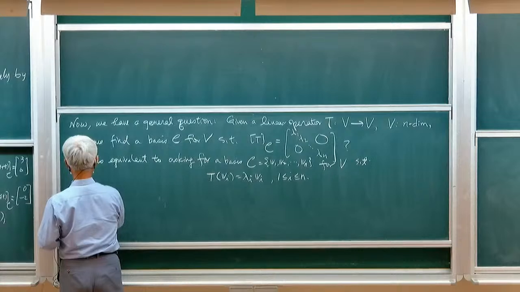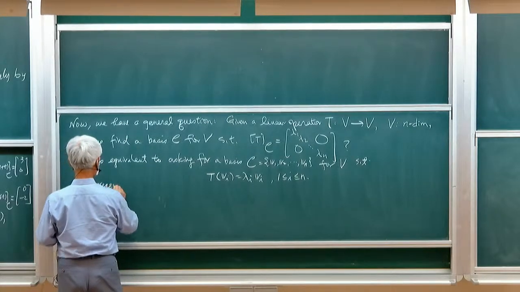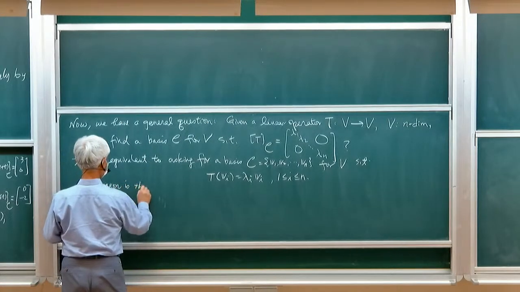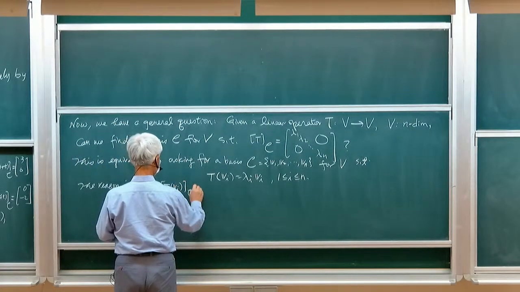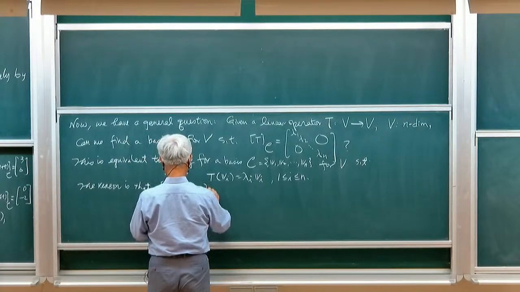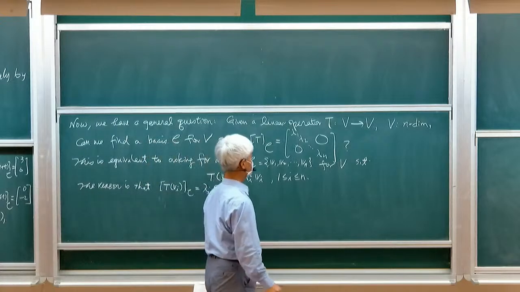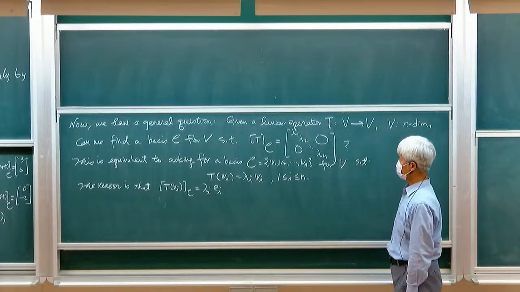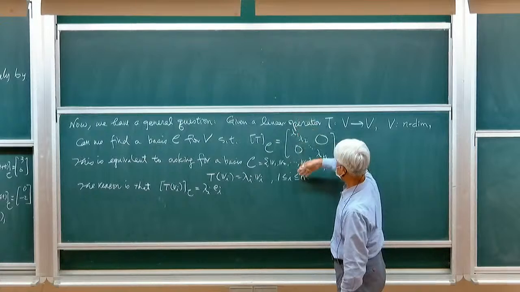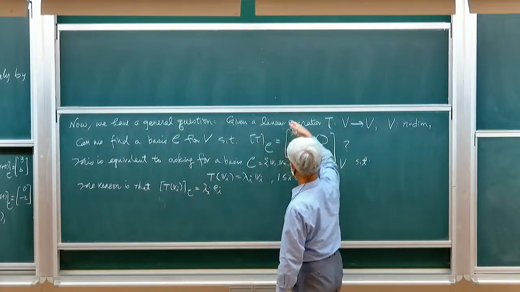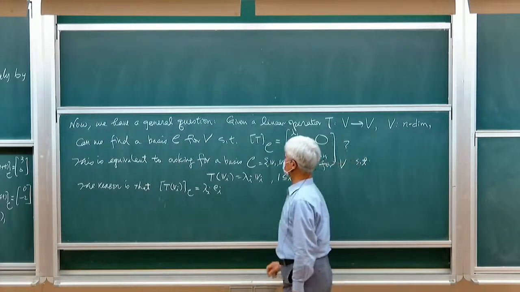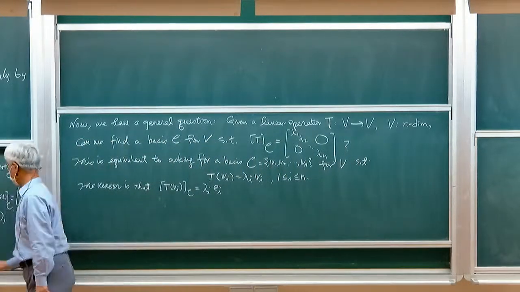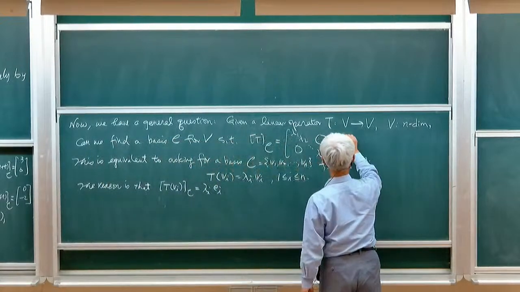Right? And the reason is that the C coordinate of T(vi) is equal to lambda i times ei.